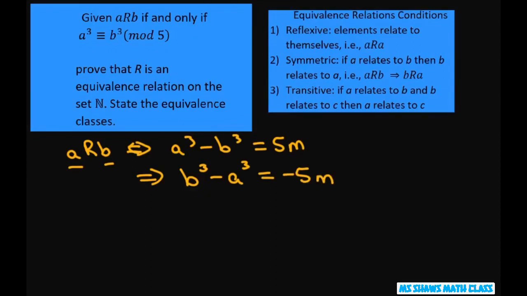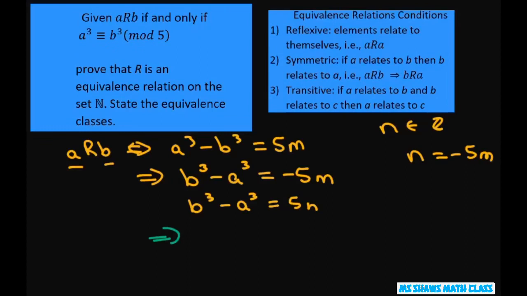And so we could say B cubed minus A cubed equals 5n, where n belongs to the integers, and we can say n equals negative m. So since that's true, we know that B is related to A.